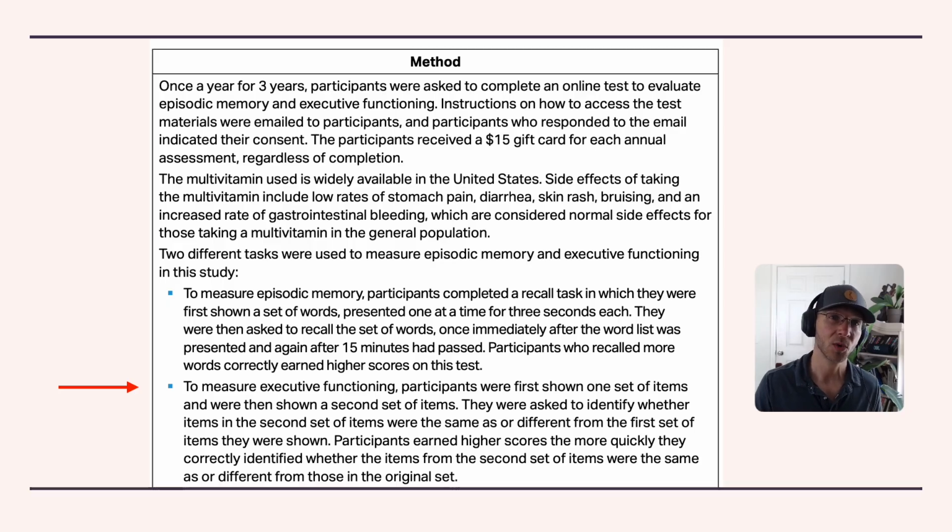Participants earned a higher score the more quickly they correctly identified whether the items from the second set were the same or different on the original set. So it wasn't about identifying, it was about the speed. So the operational definition of executive functioning is the speed at which they could correctly identify whether or not items from list 2 were or were not on list 1. That's your operational definition.